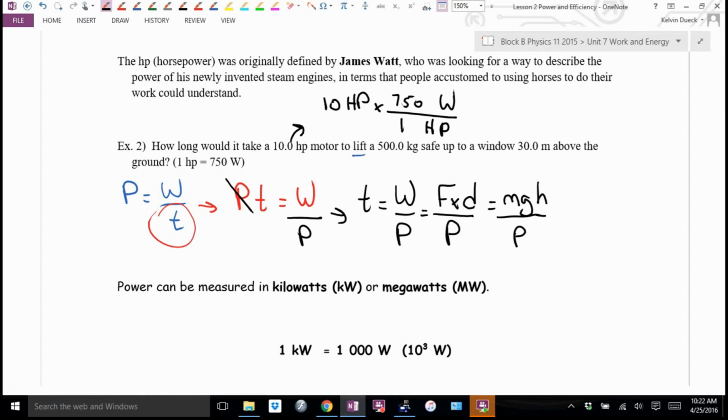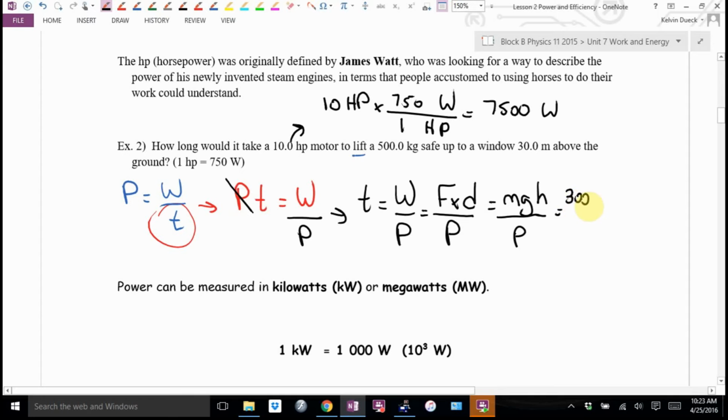Isn't it just going to be 10 times 750? So a 10 horsepower motor is a 7,500 watt motor. Is that okay, Derek? Now it's plug and chug. By the way, if you needed it faster, this motor is incapable of doing it faster. You need to go to a bigger motor.